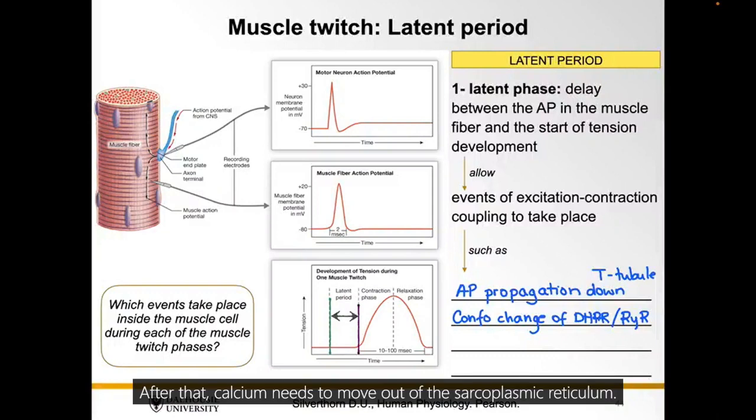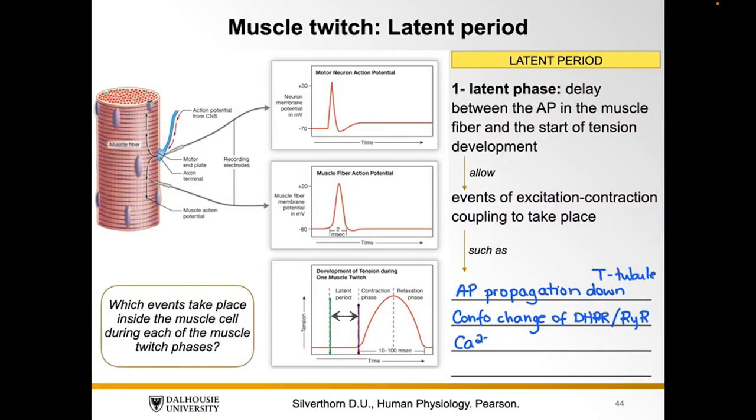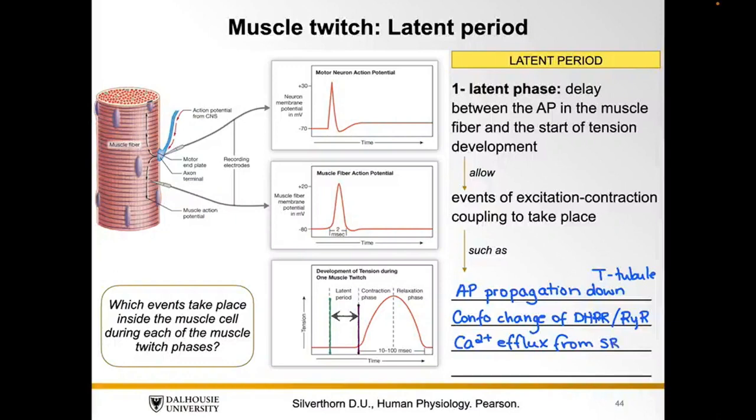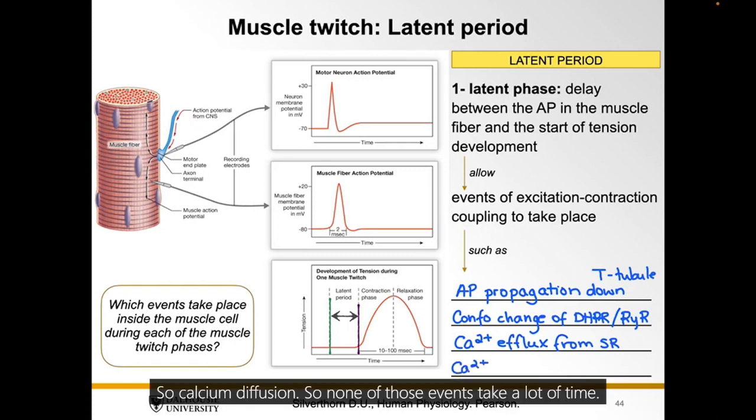After that, calcium needs to move out of the sarcoplasmic reticulum. So calcium efflux from the sarcoplasmic reticulum. And finally, we need calcium to diffuse through the sarcoplasm and then bind to troponin. So calcium diffusion.